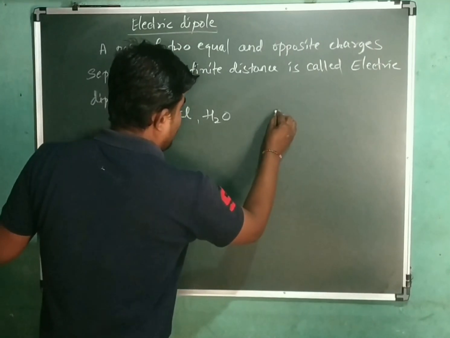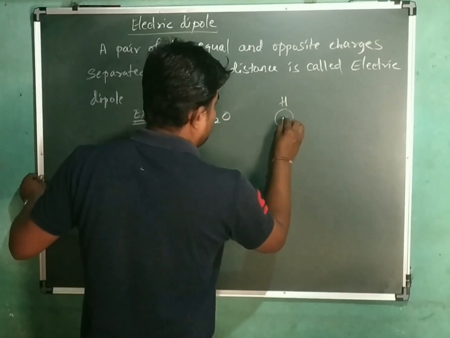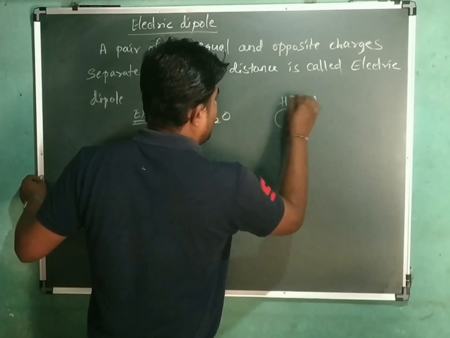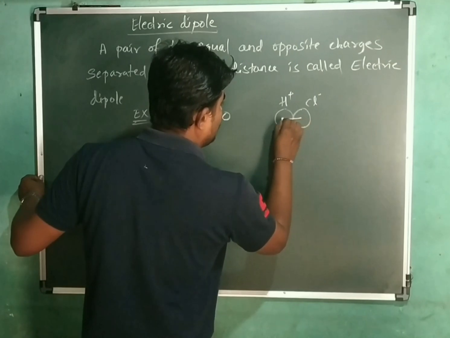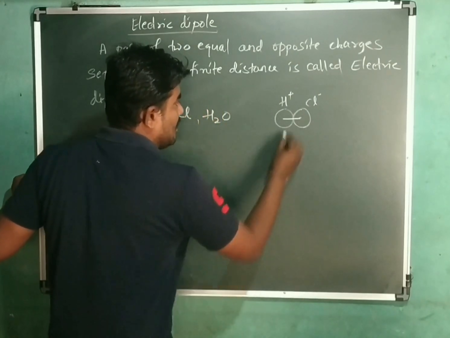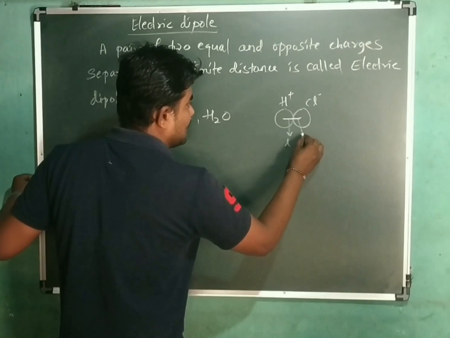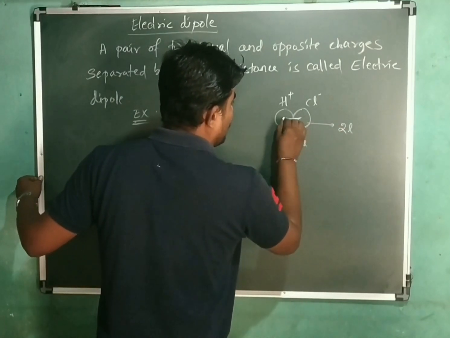If this is the center of hydrogen and this is the center of chlorine, where H is positive charge and Cl is negative charge, this is the separation. If I consider this as L, and this as L, then the total distance is going to be 2L.